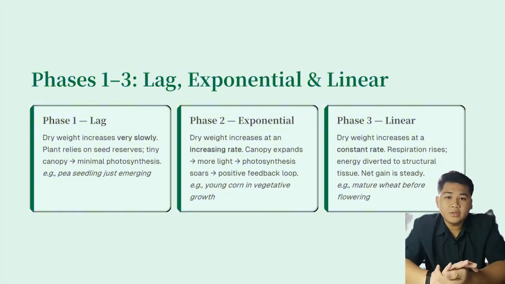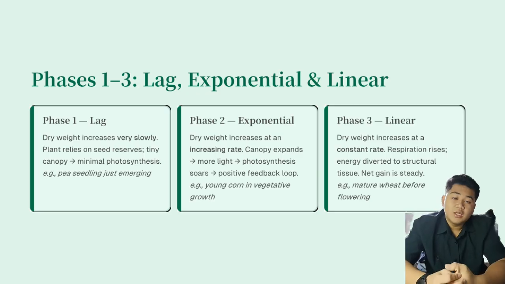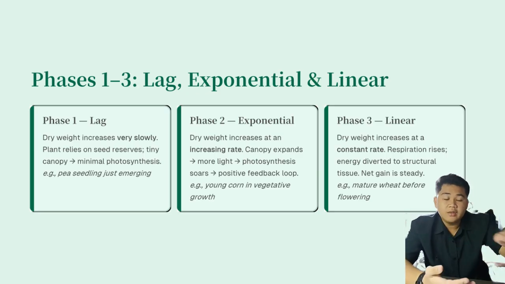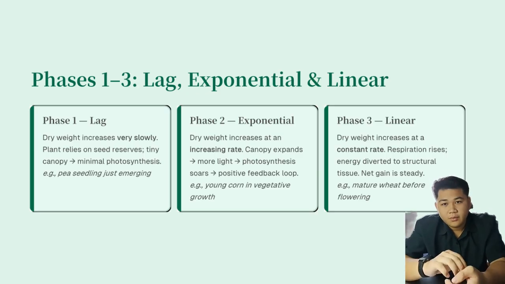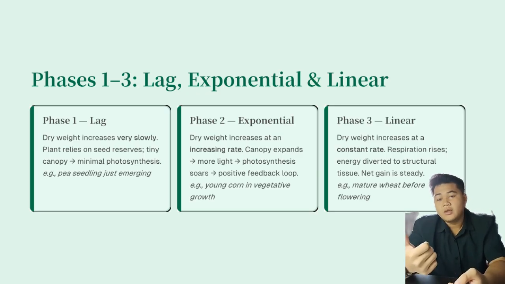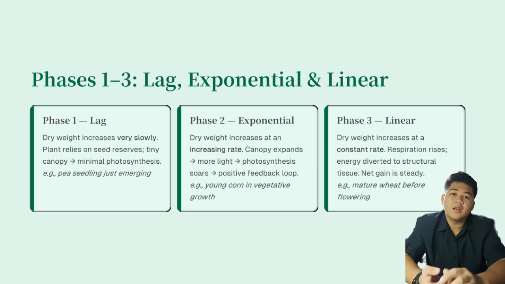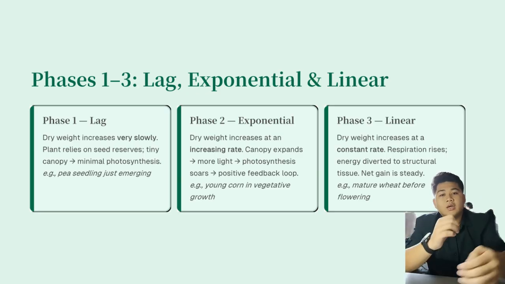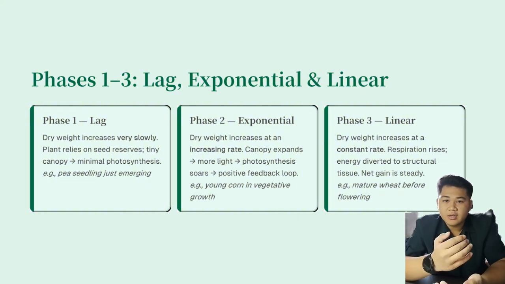Now phase 3 is the linear phase. The slope becomes constant, a straight line. The dry weight increases at the same rate each week. And why does the curve have a constant slope? Because growth is no longer accelerating.